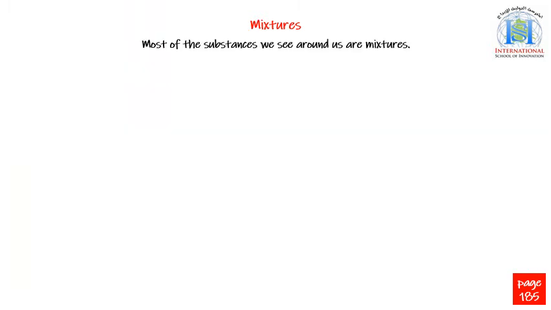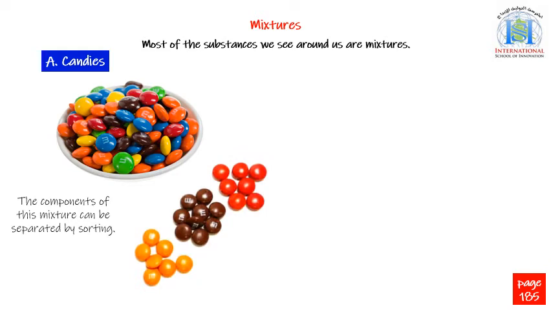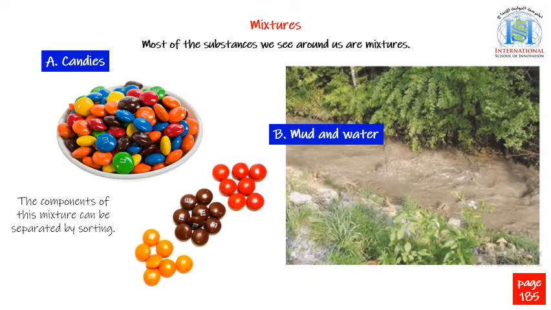Mixtures are everywhere. For example, when we bake a cake, it's a result of a mixture of eggs, flour, sugar, and other ingredients. But mixtures can also be much simpler than that. This plate of candies is an example of mixtures. But beyond the things we eat, our environments are full of other mixtures. Mud and water, for example.